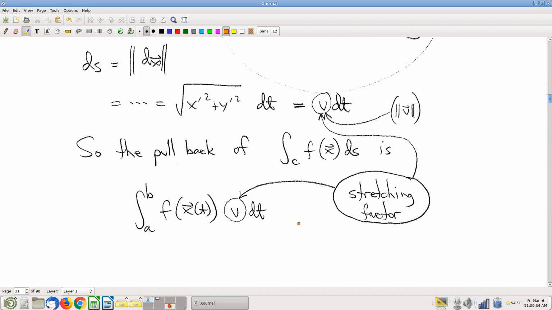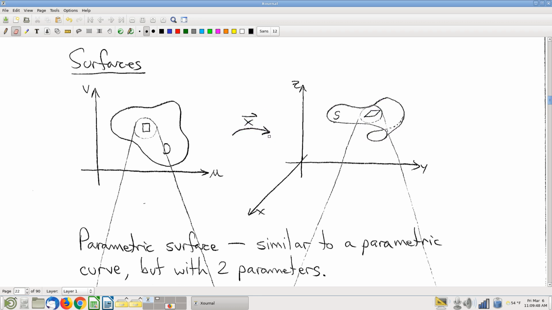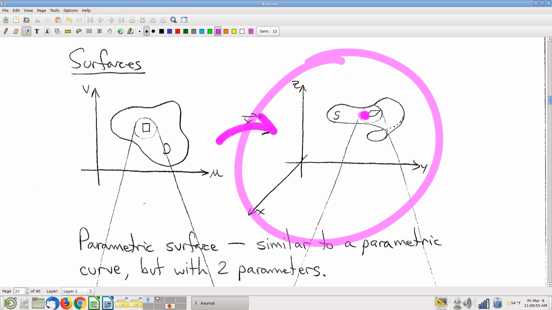And look how similar the story is going to be. I can view a surface as being an image, and we've kind of already got that concept. I'm just viewing position, x, y, and z, as functions of two variables, u and v.